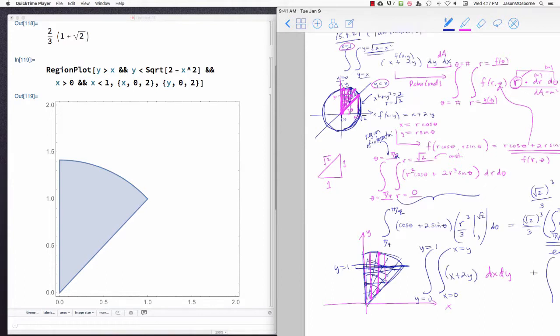And then if you did the second integral for dx dy, to get the rest of the region here, you would go from x is equal to 0 up to x is equal to the square root of 2 minus y squared, x plus 2y, and y would go from, say, 1 up to y is equal to the square root of 2 at that point.